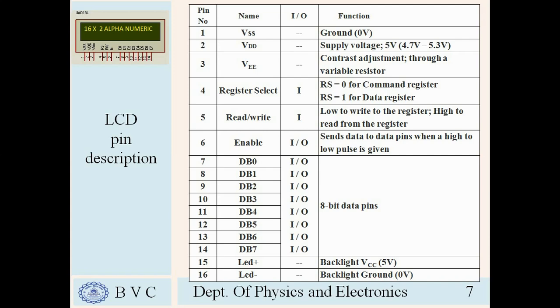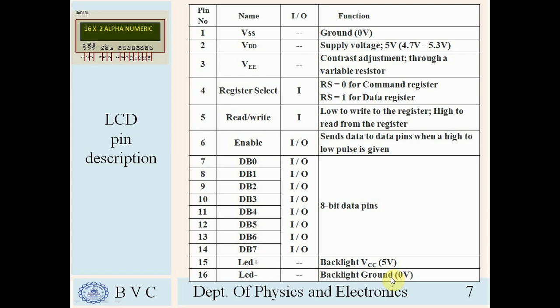Now let us look into the technical details of the LCD. It is the 16 by 2 alphanumeric LCD which is of our interest. It is a 16 pin LCD. The first pin is the ground pin, 0 volts. The second pin is the supply voltage pin. The third pin is VEE, the contrast adjustment, which can be done through a variable resistor.